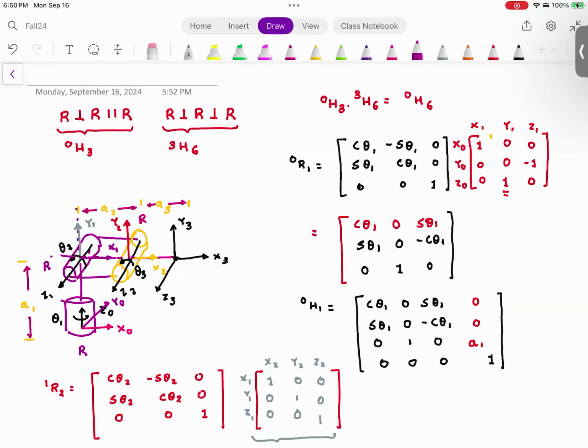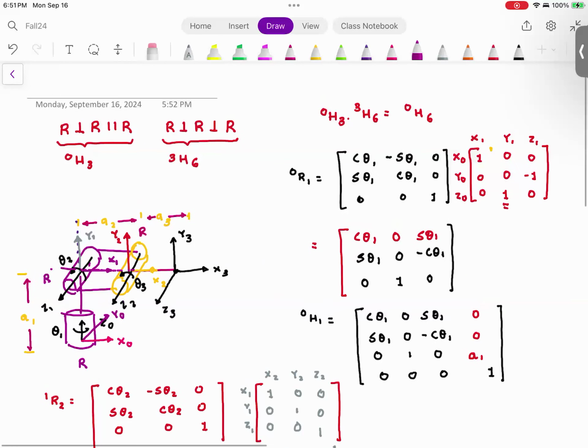Silence, please. The new frame x1, y1, z1 is represented with respect to x0, y0, z0. We can directly come up with cos theta 1, 0, sin theta 1, right? Because the projection of the new frame onto the older frame can be understood by the theta 1 rotation. You can do that, but I recommend that rather than jumping steps, you follow these steps and you won't get the answer wrong.